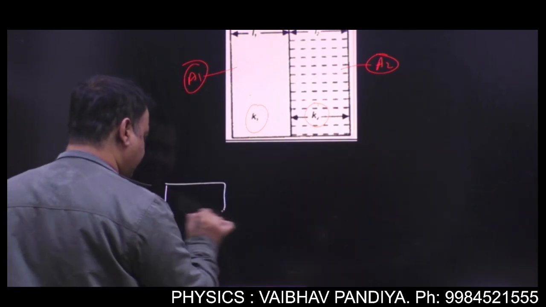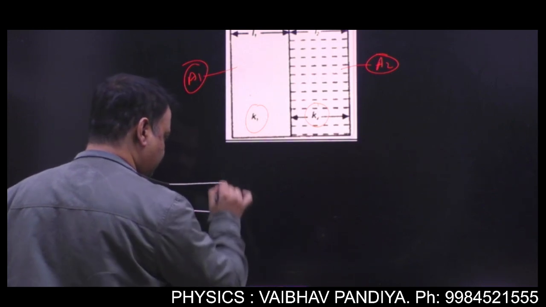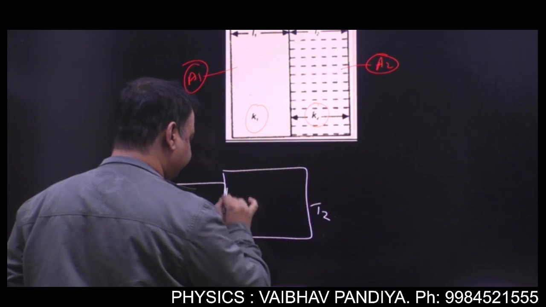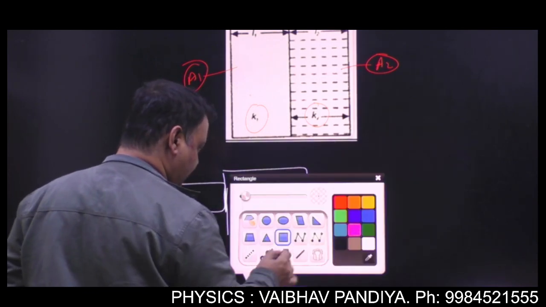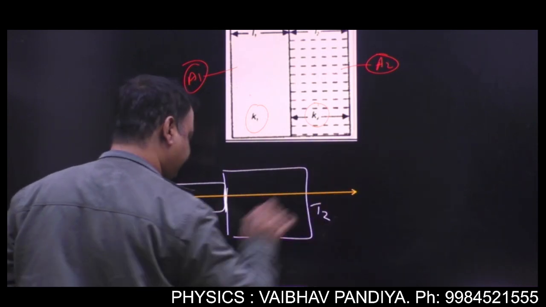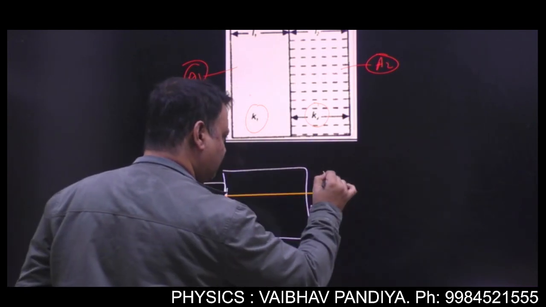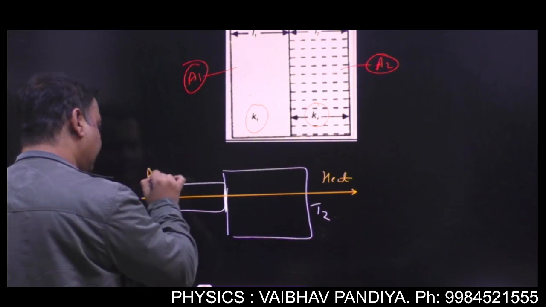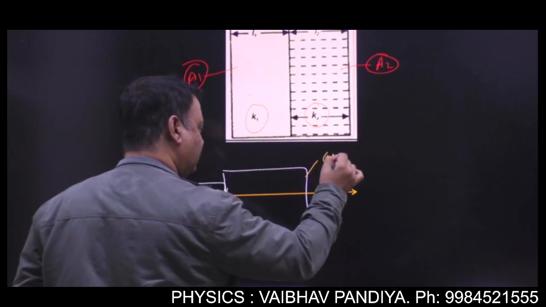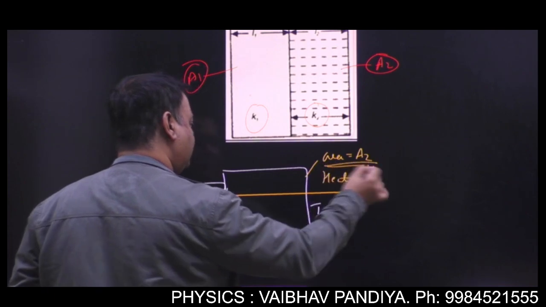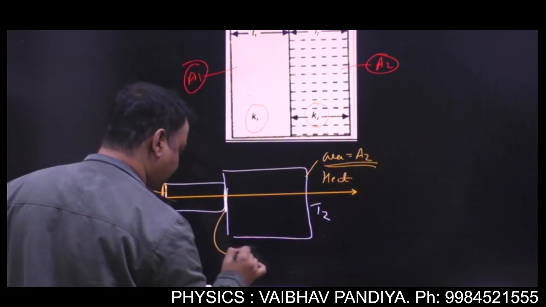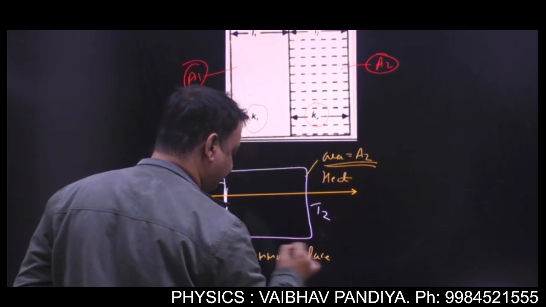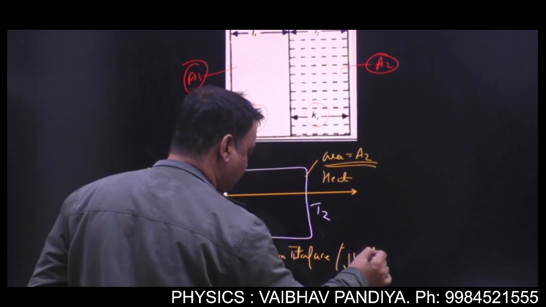So say I'm making a generalized figure. This temperature is T1, this is T2, and of course heat will flow like this. You can make it either from T1 to T2 or T2 to T1. This area is A1 and this area is A2. And this is the common interface or junction.